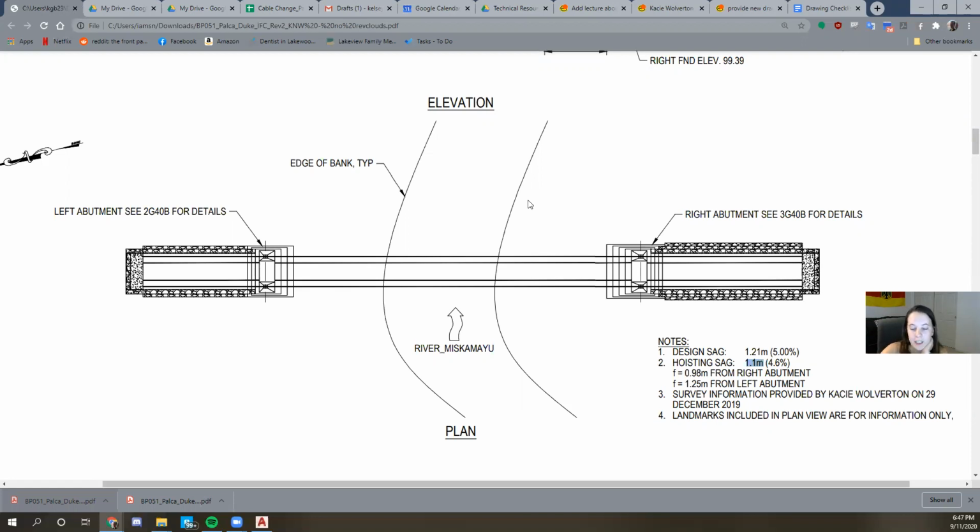When you're lifting the cables up above the river, trying to tighten them up, you want to make sure that you go above that line because the cables are going to stretch. Once the cables are stretched and it's sag set day, you don't want to have to lift the cables even more because that's a pain. You just want to be able to drop them. That's why this is really important.